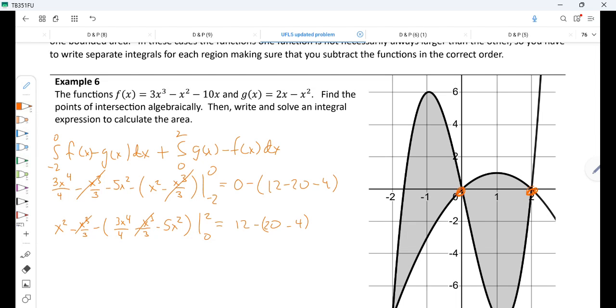Are these the numbers we're all getting? So by making sure the upper function is on top, that's why we're not using absolute value. Putting the upper function on top is ensuring that we're working with an absolute value. Those two things are one and the same. So what are we missing here? 12 minus 20.